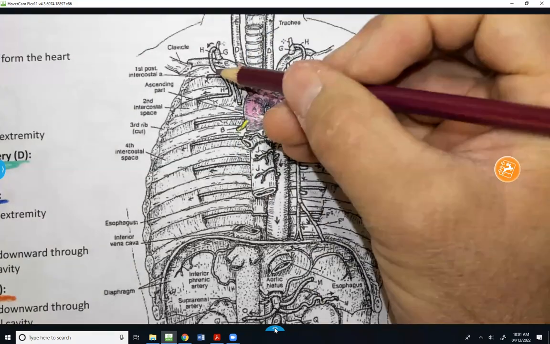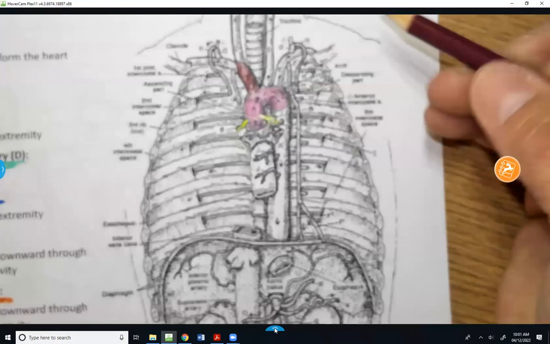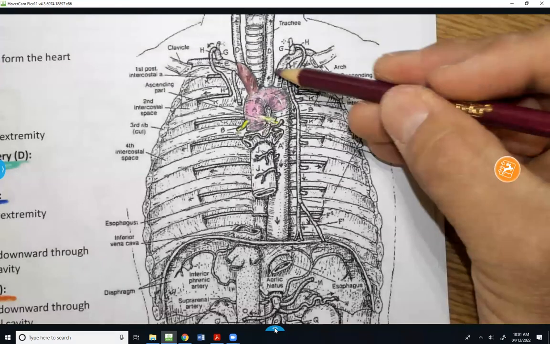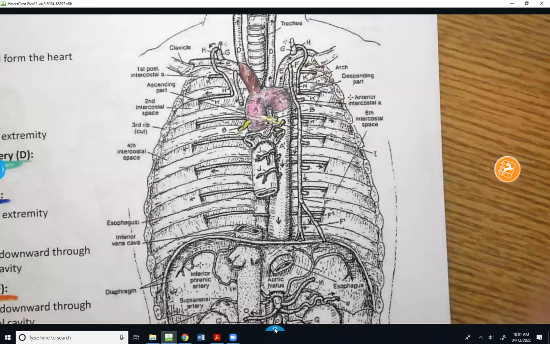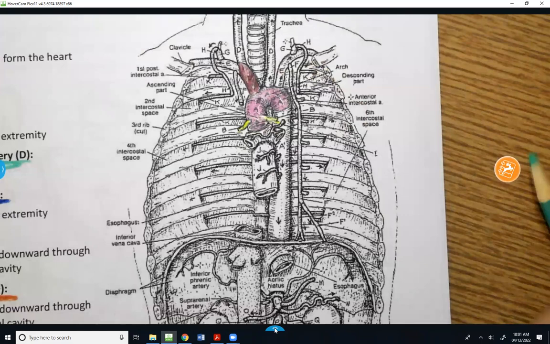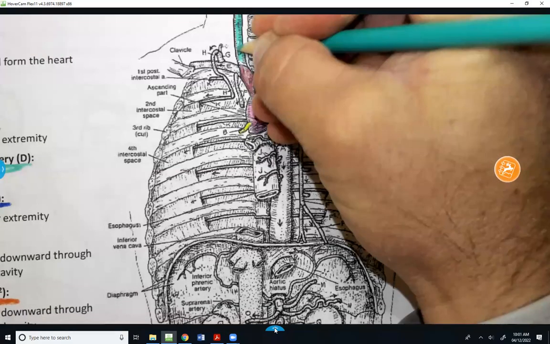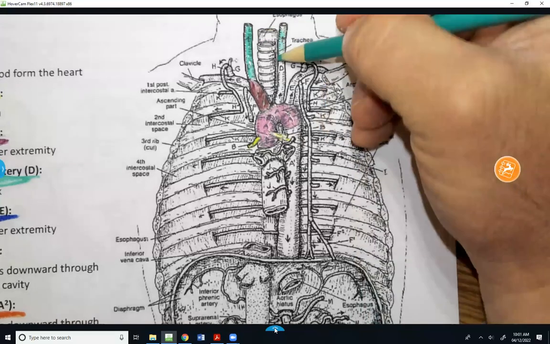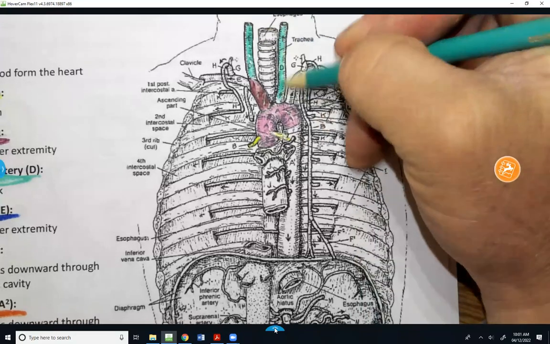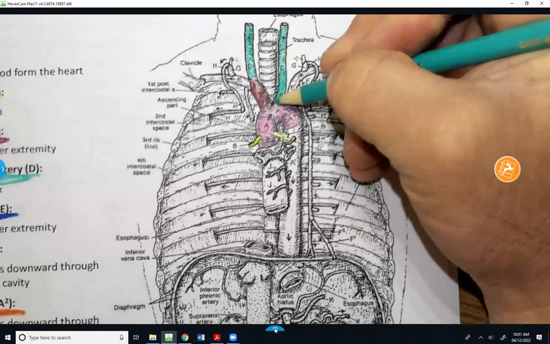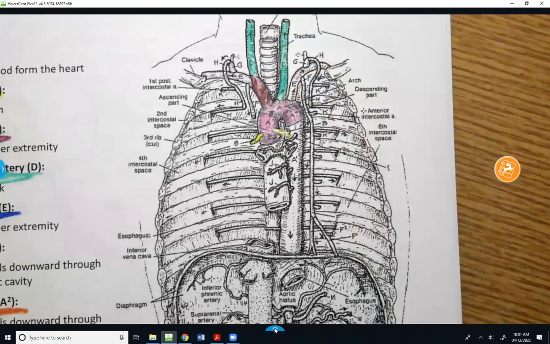It brings the blood to letters D and E, which, as you can see over here on the left side, D and E directly come off of the aorta. Okay. Well, D and E include letter D here, the common carotid arteries. The right common carotid comes off of that brachiocephalic, whereas the left common carotid comes directly off the aorta.